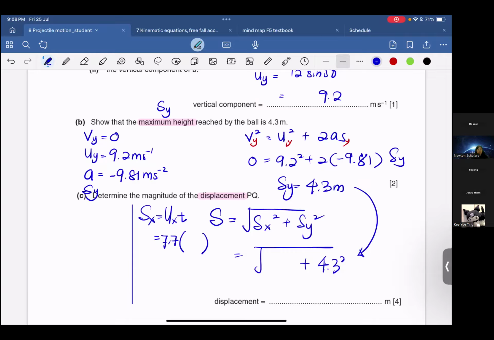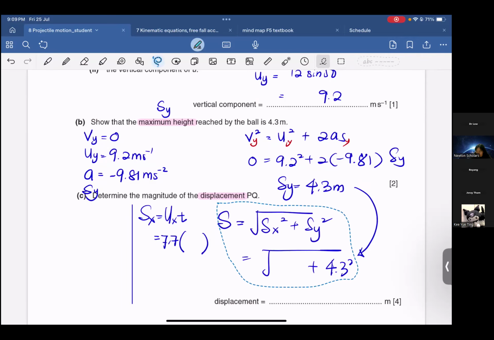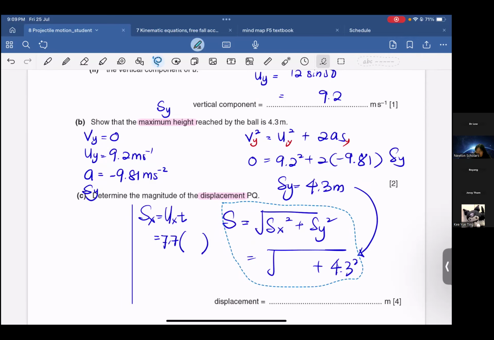Using either horizontal or vertical component, see what information can help you calculate the t. Find out what your t is.